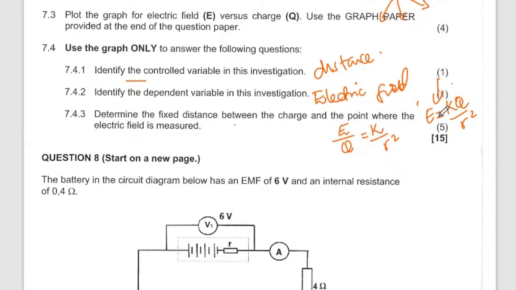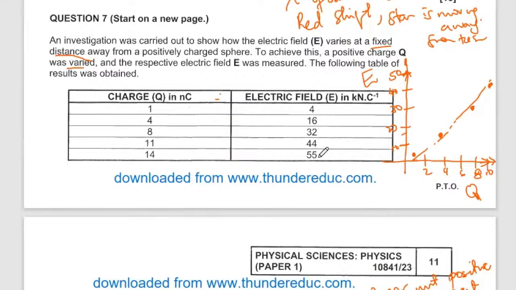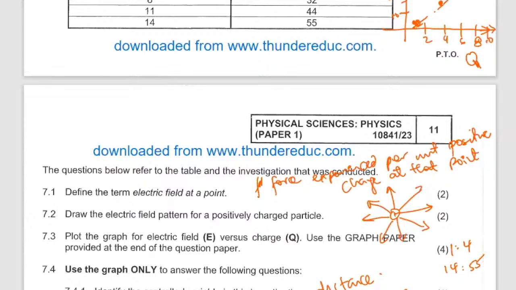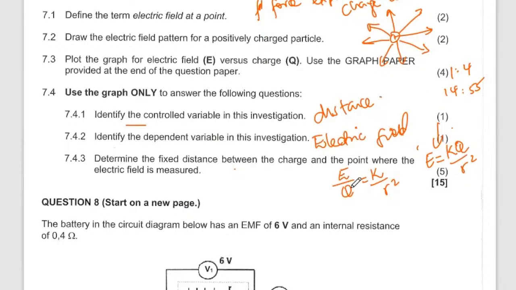So with the gradient, we can use any points from this graph, even though my graph is not accurate. Let's say I'm using the first point and then the last point. I'll use my first and last values to get the gradient. So that's going to be 55 minus 4 over 14 minus 1.